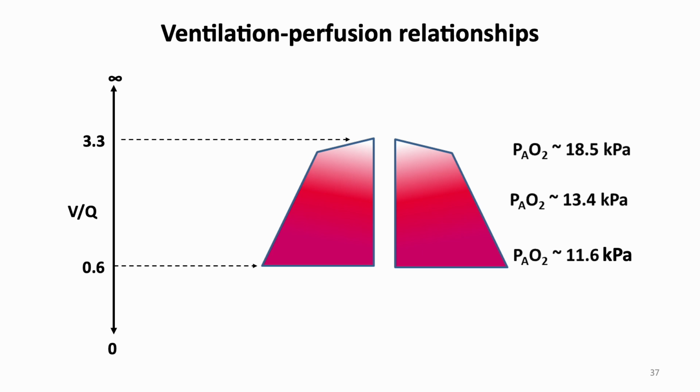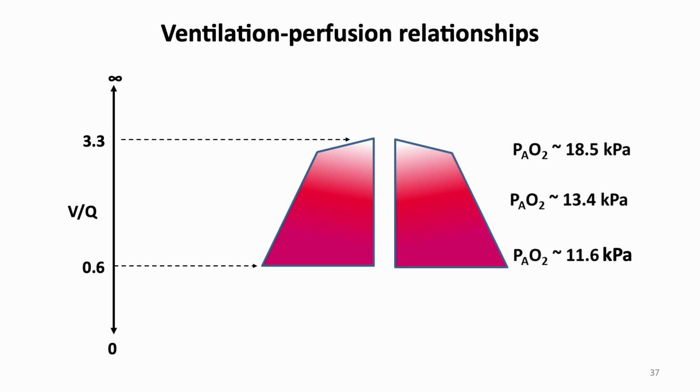At the base of the lung, the VQ ratio was 0.6. That means that the alveolar oxygen tension decreases because it's less dominated by the inspired air than it is by the blood that enters through the pulmonary artery, entering the capillary circulation.